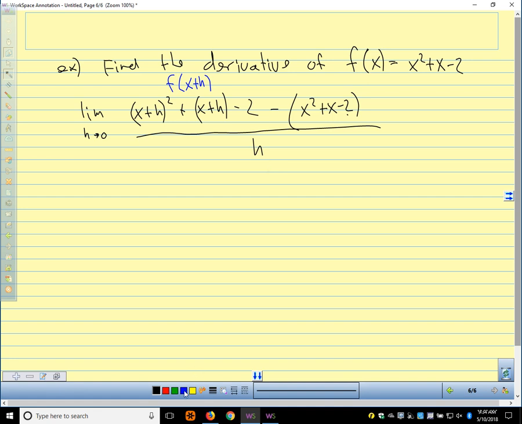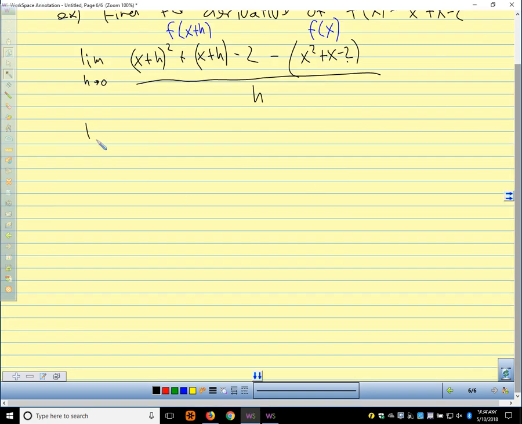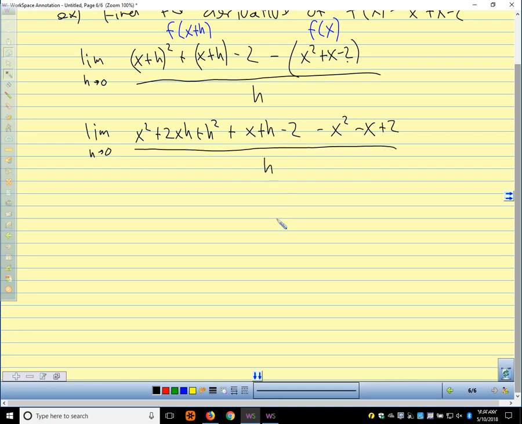Oops, I forgot to write in my little shorthand, f of x. So let's do this algebra. Multiply this stuff out. Limit as h approaches 0, x squared plus 2xh plus h squared plus x plus h minus 2 minus x squared minus x plus 2, all over h.